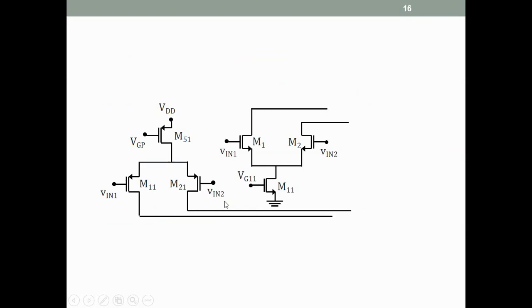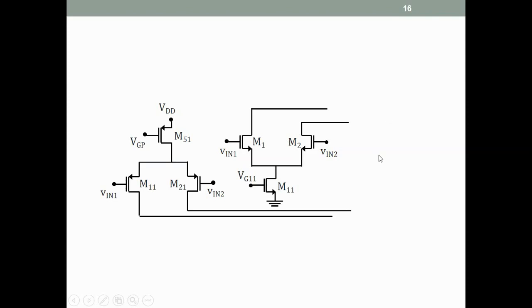So here is a PMOS differential amplifier. Here is an NMOS differential amplifier. And one very elegant way to combine these is to use a folded cascode. So you think of a folded cascode. If it had an NMOS input and a PMOS load, then these two went to the node between the cascode PMOS loads.